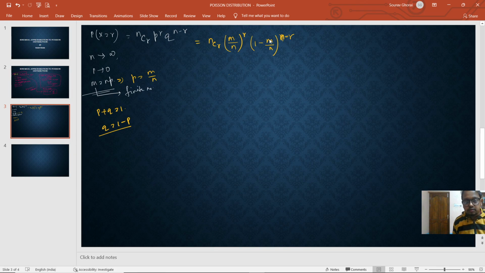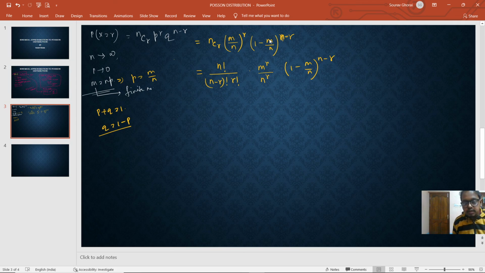So now we have to calculate it. nCr means we can write n factorial divided by n minus r factorial into r factorial, into m to the power r by n to the power r, into 1 minus m by n whole to the power n minus r. We are not changing it here.